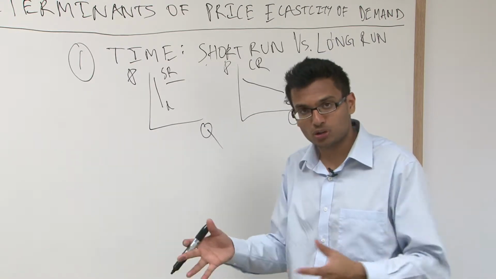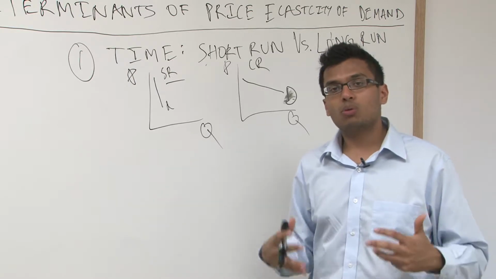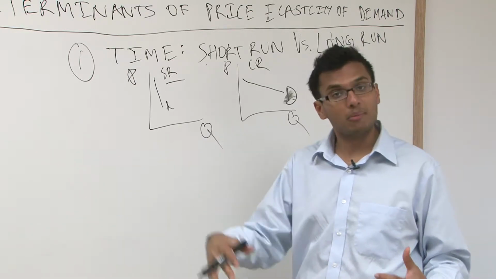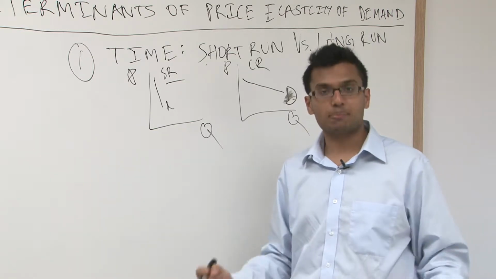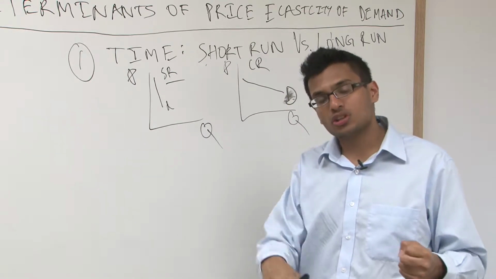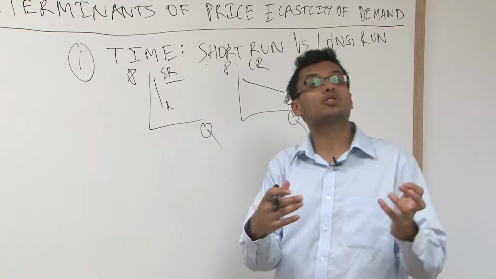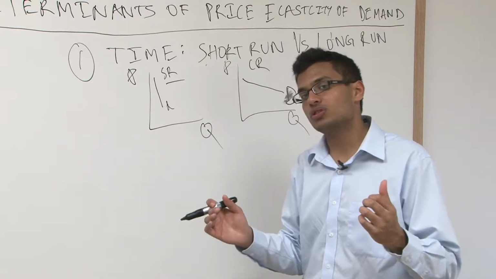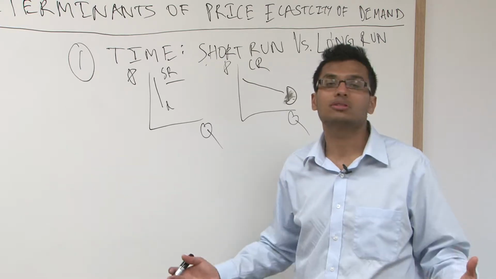Because as time progresses, in any market, if there's a lot of profit available, people will come into that market and try to take a bite out of that profit. As more competitors hop into that market, it becomes more elastic because there are more substitute products available, and consumers, if you change a price up a little bit, can switch to another product that's maybe a little cheaper.